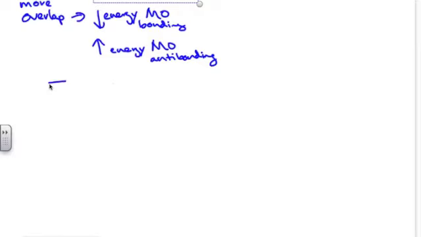Well, if you think of our sigma and pi bonds, remember that sigma bonds are concentrated directly between the nucleus. So any sigma bond that forms is going to have a lower energy than pi bonds.